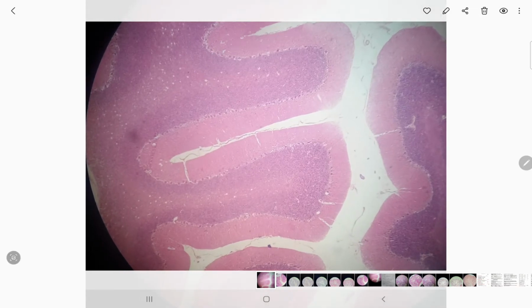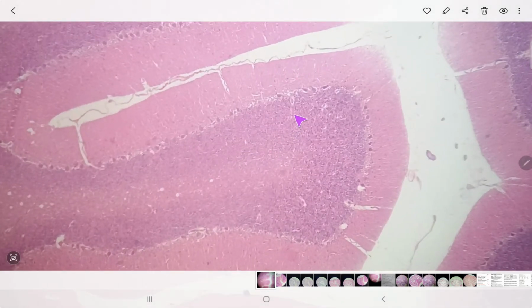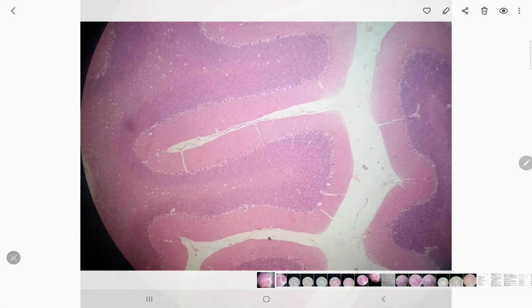These cerebellar folia have an outer cortical region, that is the outer cortex, and an inner medullary region. This light stained area is the medullary region. This outer cortex consists of gray matter, while this medullary region consists of white matter fibers.